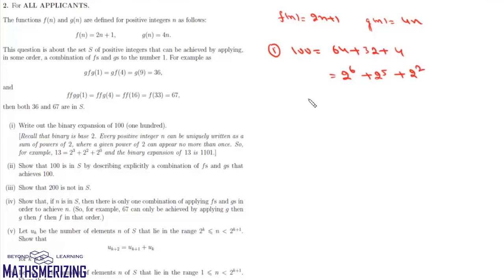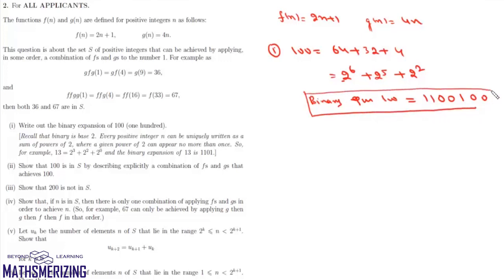So the binary equivalent of 100 will be: the coefficient of 2 to the power 6 is 1, the coefficient of 2 to the power 5 is 1, the coefficients of 2 to the power 4 and 2 to the power 3 are both 0. So it will be 0, 0. And then the coefficient of 2 square is 1. And then for 1 and 0, it will be 0. So the binary equivalent of this number 100 will be 1, 1, 0, 0, 1, 0, 0.